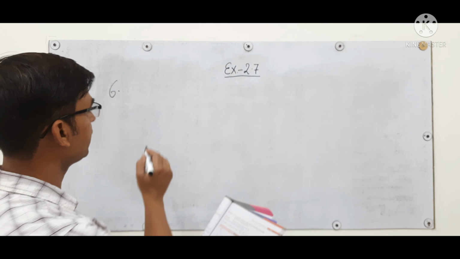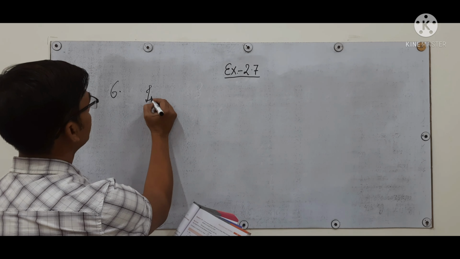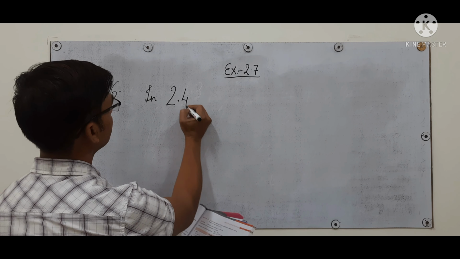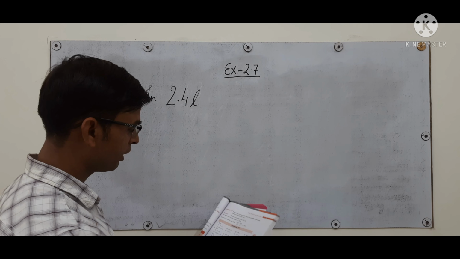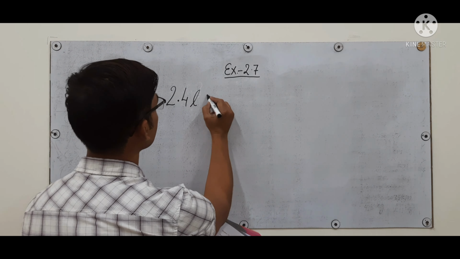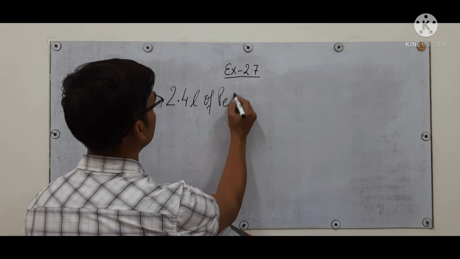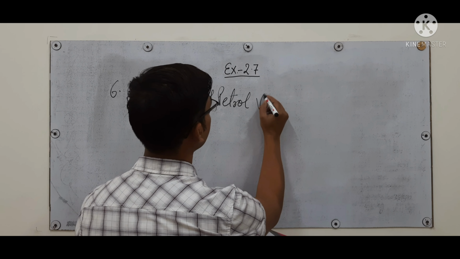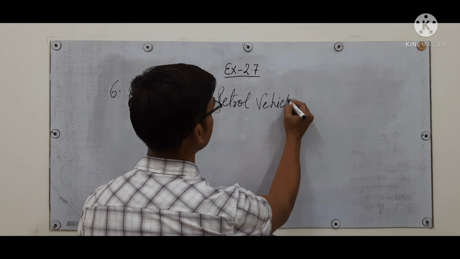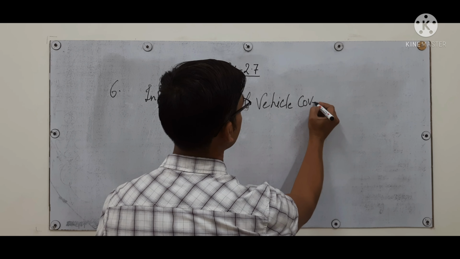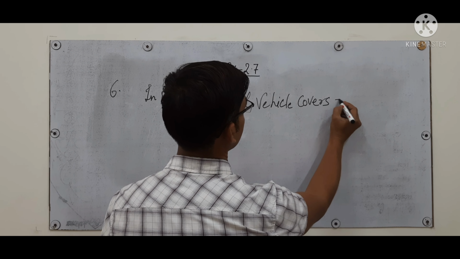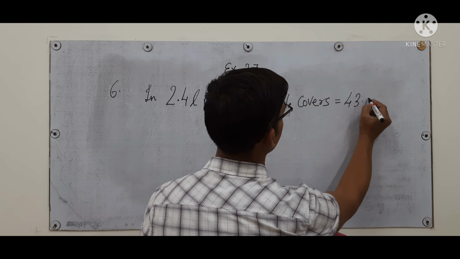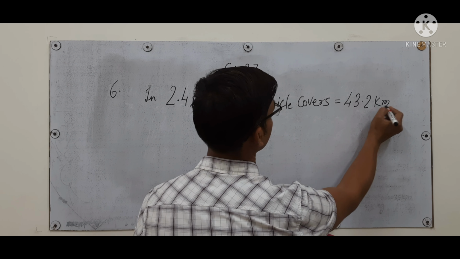So we will just write it here: in 2.4 liters, L for liters, in 2.4 liters of petrol, the vehicle covers 43.2 kilometers.